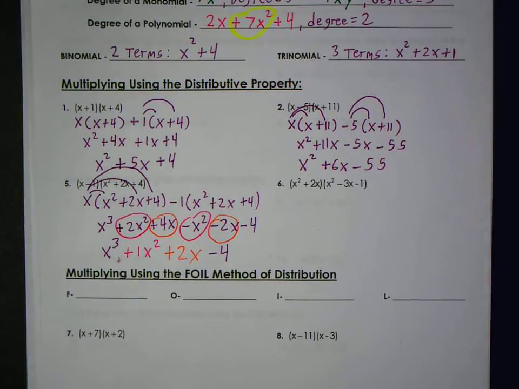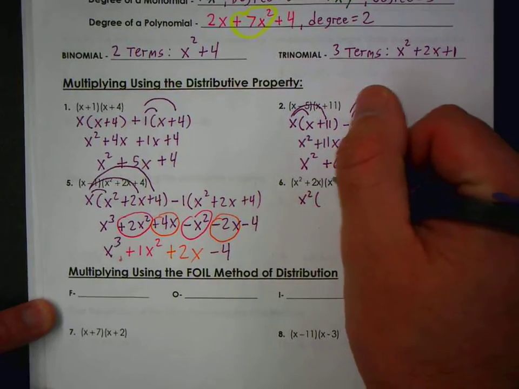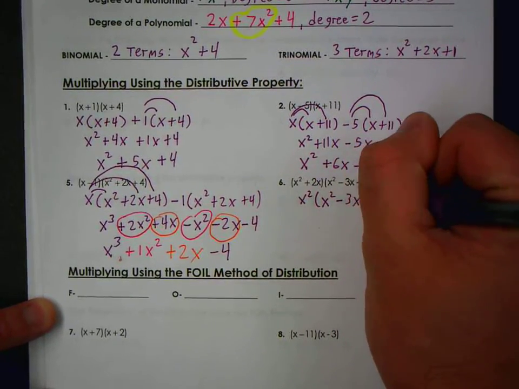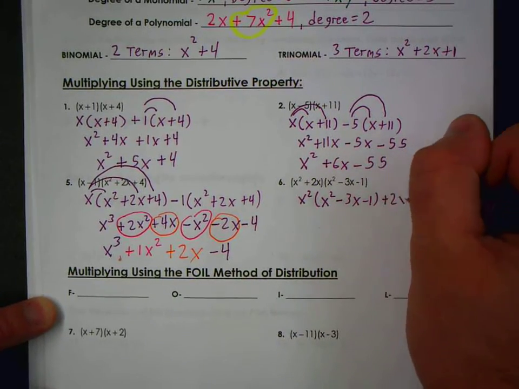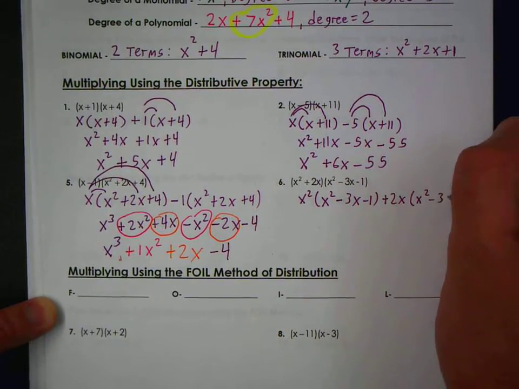Next, put the x squared in front of x squared minus 3x minus 1, and then put the plus 2x in front of x squared minus 3x minus 1.